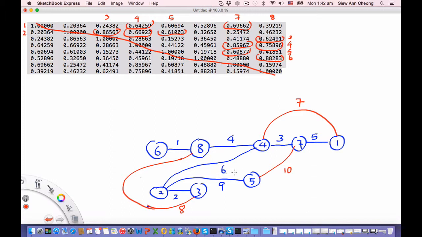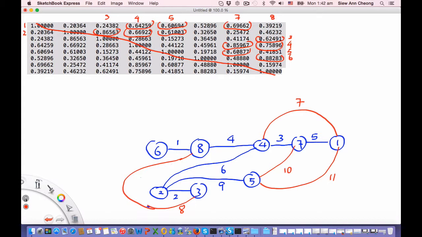So you can see that the graph remains planar, and we can accept indeed 0.61003, and the next larger cross correlation will be 0.60694, and that is between 5 and 1, and indeed we can draw between 5 and 1. This is number 11, and beyond that we must now look for correlations at the level of 0.5. There's one here.